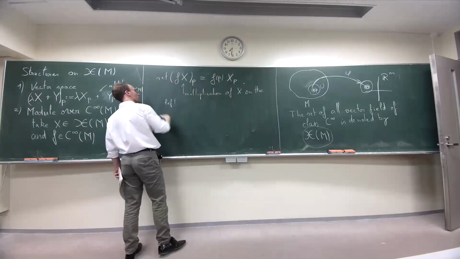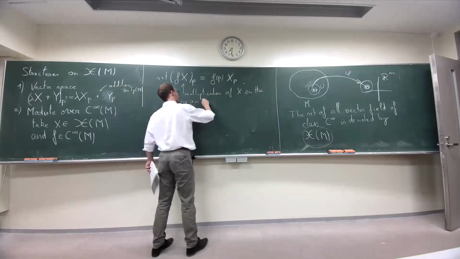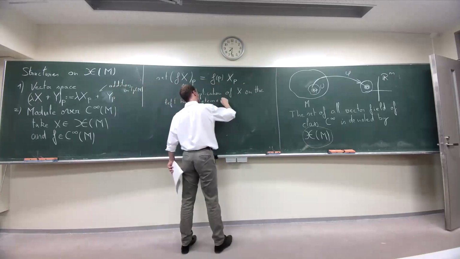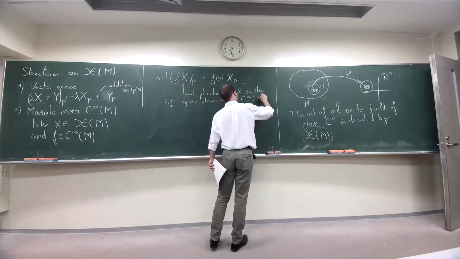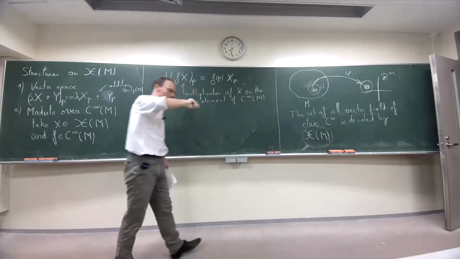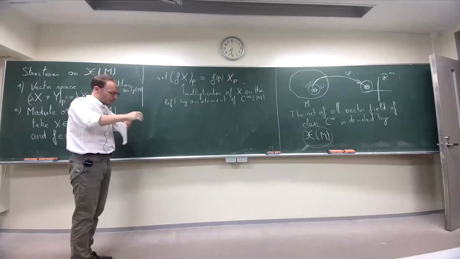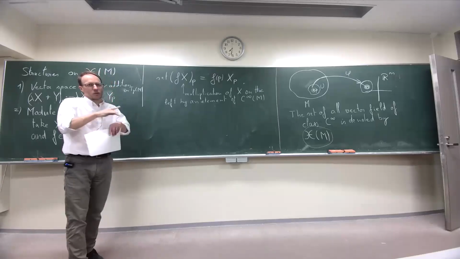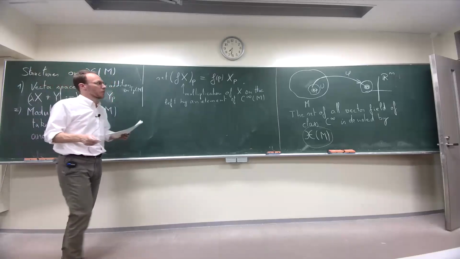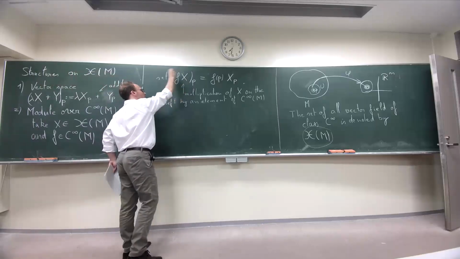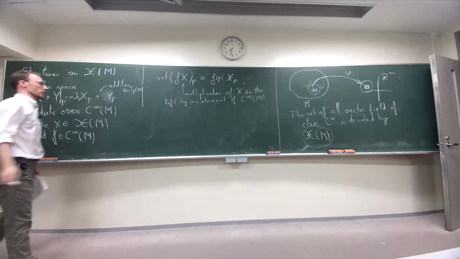I take it before the left by an element of C infinity of M. And indeed, these vectors which are tangent, if you multiply them by a scalar, you need to do this smoothly. Otherwise, the result will not be a smooth vector field. So this is the second structure.